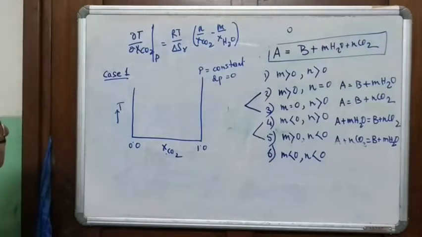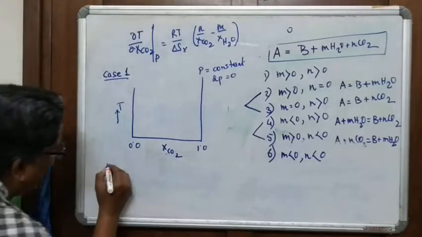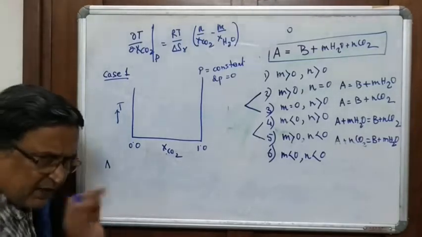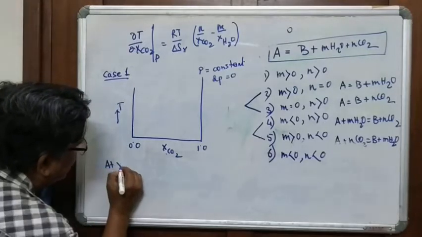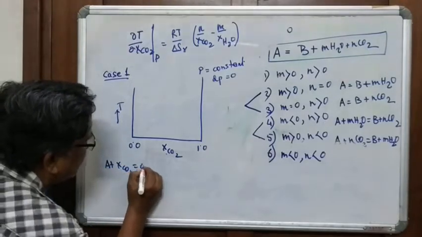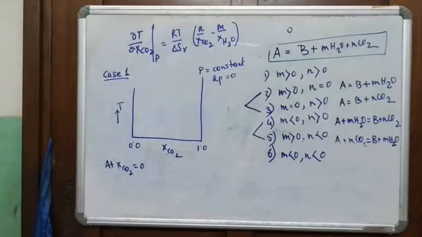Now, let's say for example, now listen to this, it's very logical. At XCO2 equal to 0, what is happening?